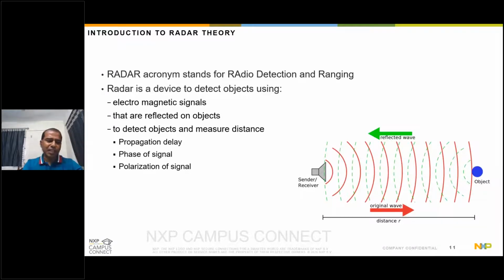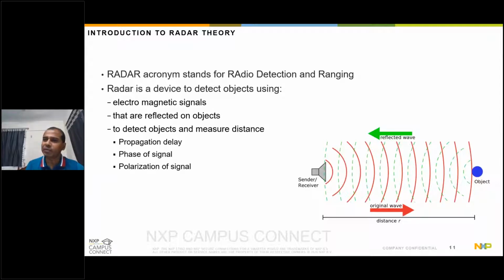So basically, what is the technology behind the radar? The radar acronym stands for radio detection and ranging. Radar is a device to detect objects using electromagnetic signals. There will be a transmitter and a receiver, as shown here. The transmitter sends the electromagnetic signals, and they will hit an object.